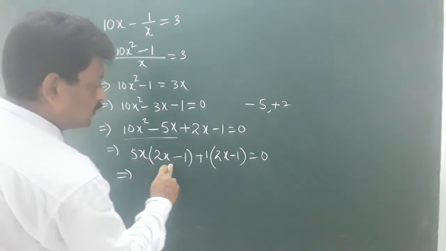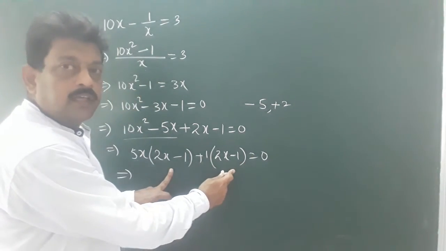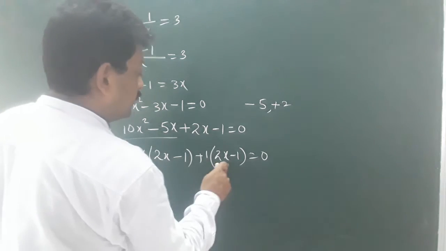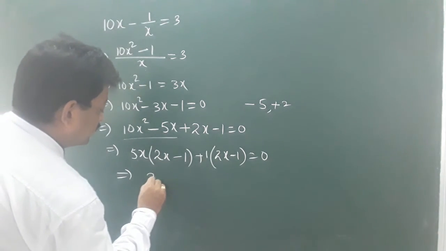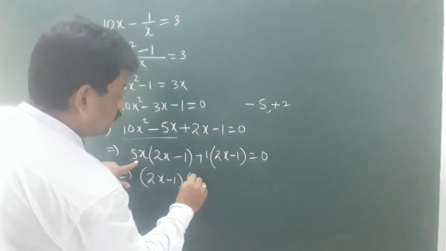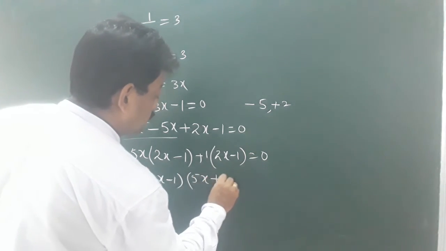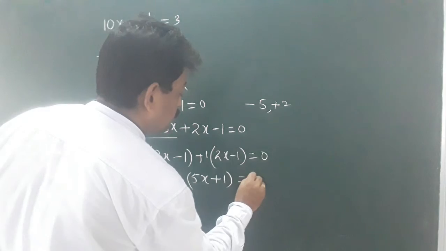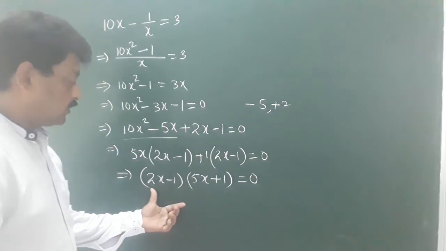That means the two things in the bracket are identical, they must be identical. So these two factors will be taken as common. Here 5x will be left and here plus 1 will be left, equal to 0. Okay, we have got the two factors.